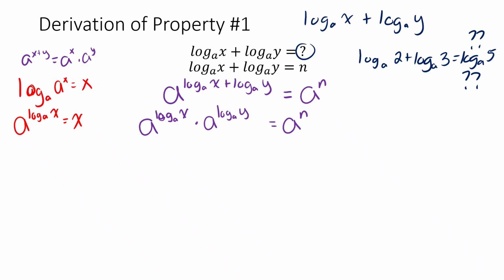The base of a in the exponent and the base of a in the logarithm undo each other, leaving me with just an x. So this becomes an x and this becomes a y. And they are being multiplied together to give me a to the n. So x times y equals a to the n.